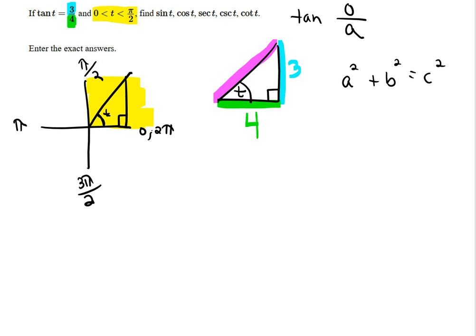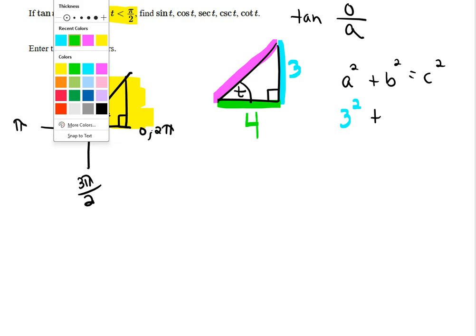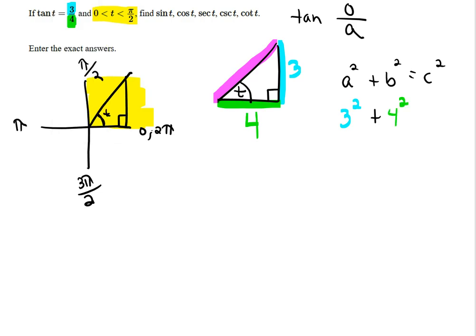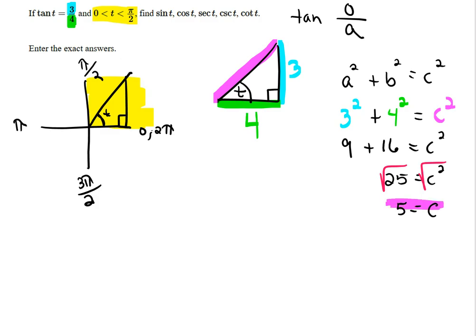So one of my legs is 3, so 3 squared plus the other one, which is 4 squared, is going to equal c squared. 3 squared is 9, 4 squared is 16, 9 and 16 adds up to 25, and if I square root both sides, my c is 5. So my hypotenuse is 5.